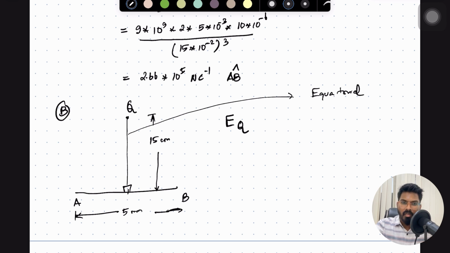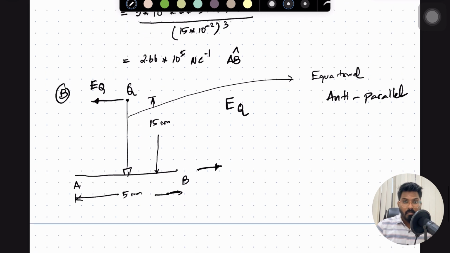For any point present on the equatorial axis, the electric field acts parallel to the dipole axis but in the opposite direction. So the dipole's axis is like this, so this is going to act anti-parallel, so it will act in this direction. So E at Q will be acting anti-parallel to the axis.